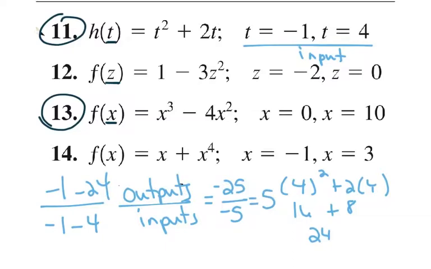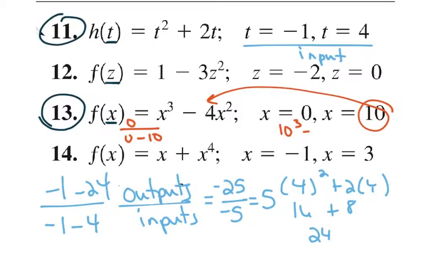Let's try it again with number 13 here. The denominator, I can do 0 minus 10. That's fine. It just means I have to plug 0 in first. When I plug in 0, 0 cubed minus 4 times 0 squared is 0. When I plug in 10, I get 10 cubed minus 4 times 10 squared.